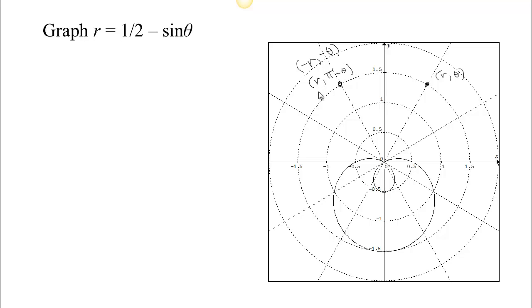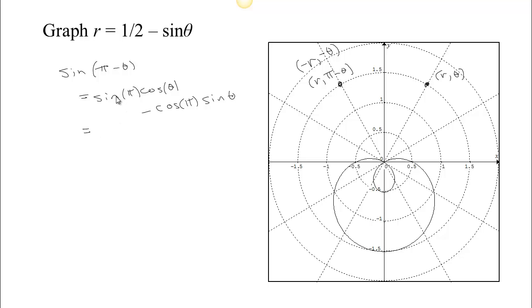And so if you have a function that can't tell the difference between r theta and r, pi minus theta, or if the function can't tell the difference between r theta and minus r, minus theta, then you know it's got symmetry around this y-axis. Now notice the sine of pi minus theta is, from the angle difference formula, the sine of pi times the cosine of theta minus the cosine of pi times the sine of theta.